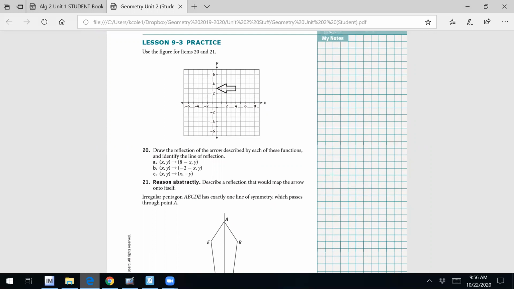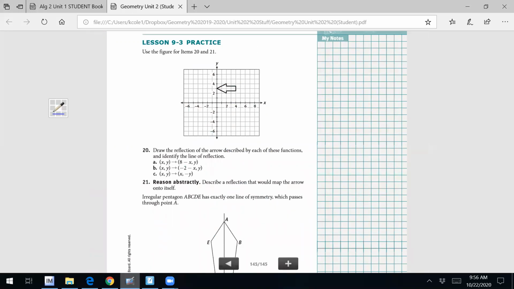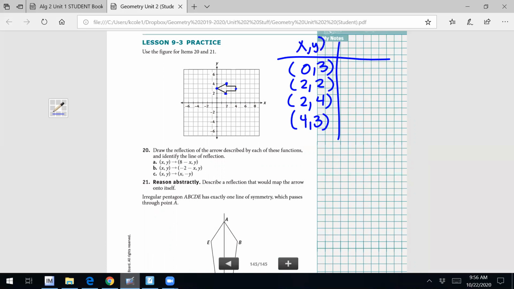So if I look at this original arrow, it's got its tip-top point there at (0, 3). Then this is at (2, 2). This is at (2, 4). And we can use the middle again, and that's at (4, 3). So these are my original x, y.